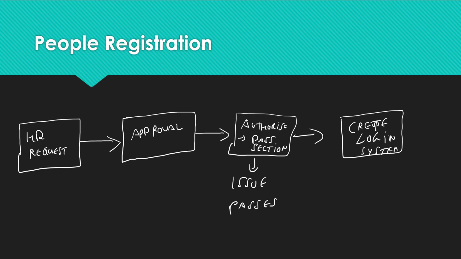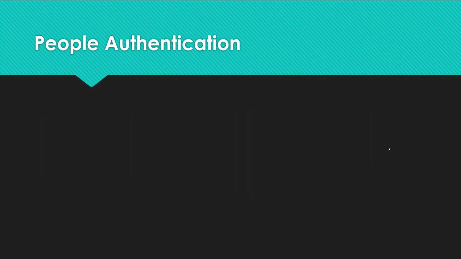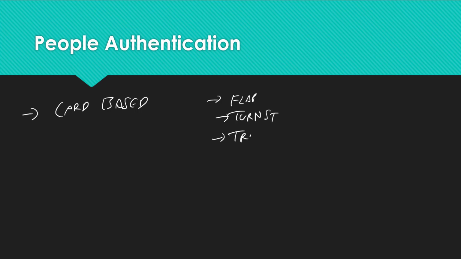So now let's talk about authentication. How do you authenticate that the people who are coming in are valid or authorized people or not? For that you can use card based access. For card based access you need flap barriers, turnstiles, tripods, or you can use access controlled doors for authentication.